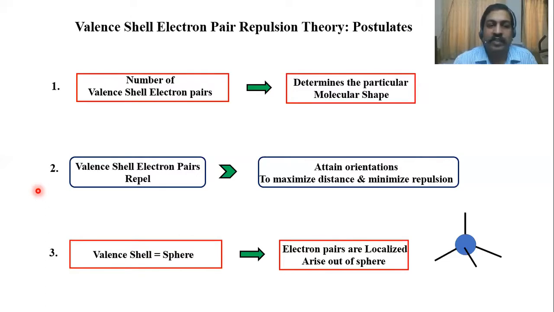Third postulate: the valence shell of the central atom can be considered to be a sphere from which the valence electron pairs are projecting out. Also, the valence electron pairs are localized on the sphere. So, there is a definite angle between any two valence electron pairs.